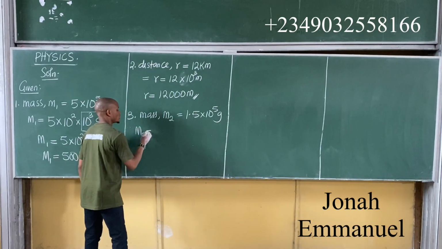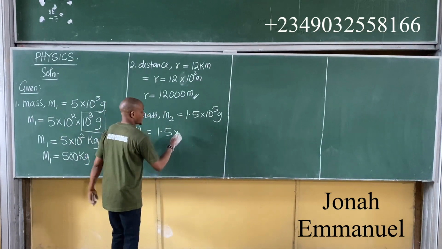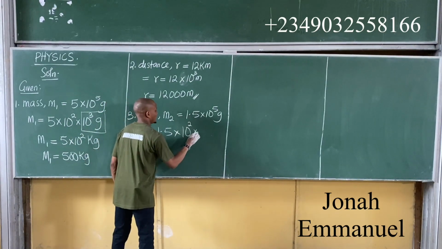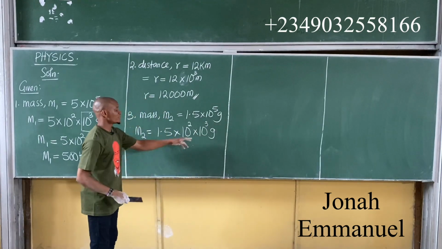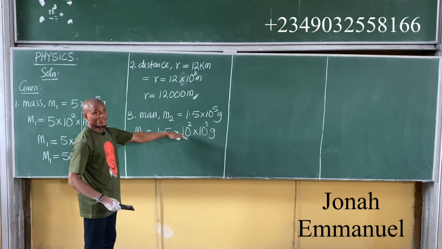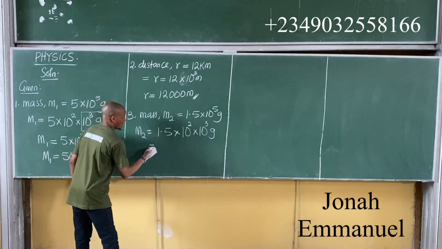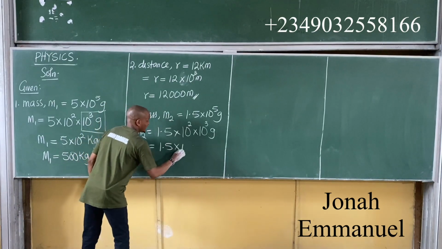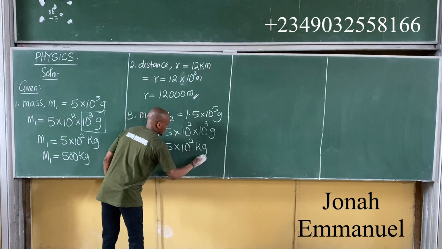M2 is equal to 1.5 times, same concept here, 10 to the power 2 times 10 to the power 3 gram. And then you'll be asking, how come we've done this before? Why is it repeating again? To make the stuff plenty. So it's equal to 1.5 times 10 to the power 2. This one is kilo, it gives you kilogram.